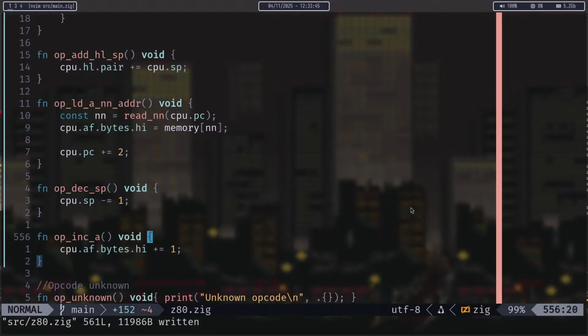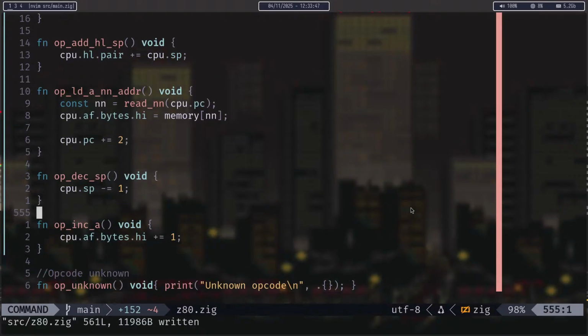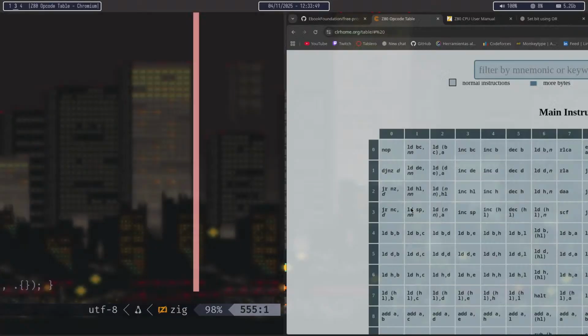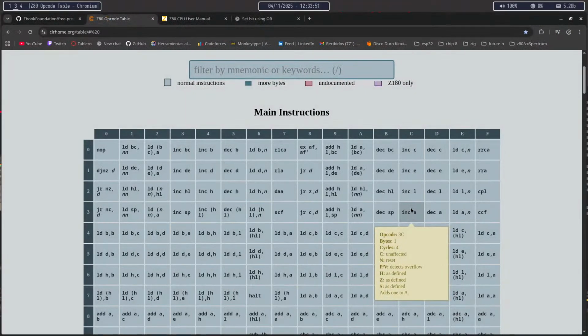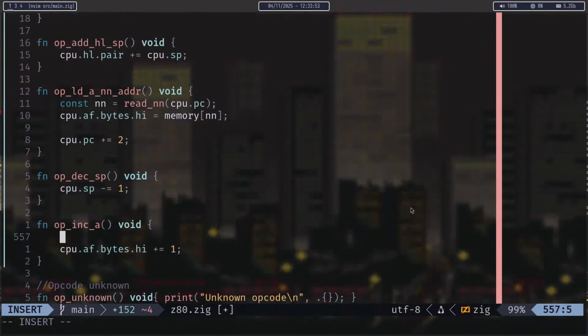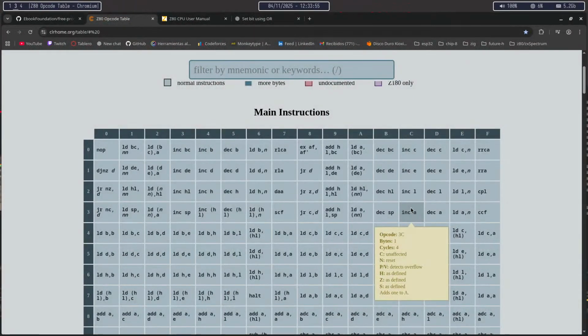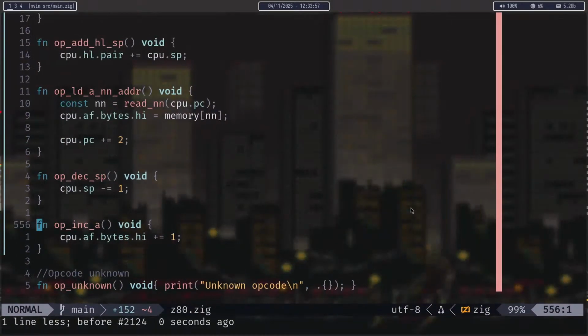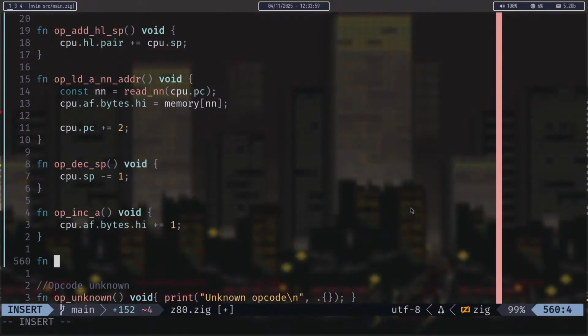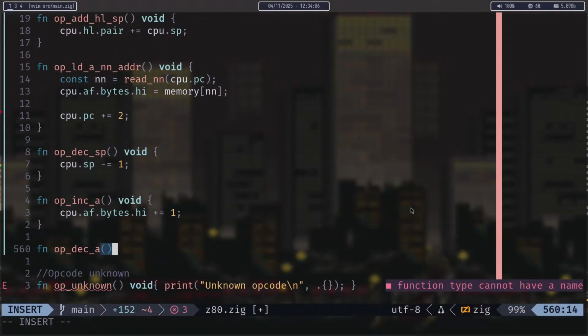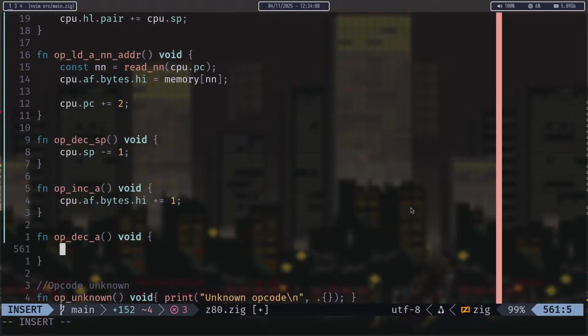If I have to reset 1, I guess it detects overflow. PB detects overflow. That's something that I have to look at for sure. Dec A, void, and then CPU.af.bytes.high minus equals 1.